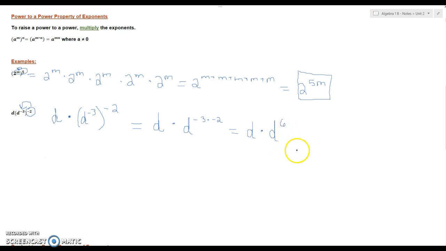Now I'm not quite done yet because I learned another property before that says if I have the same base, I can add my exponents. So I can write this, and remember if we just see d alone, that really means it has an exponent of 1, times d^6. So this can be written as d to the 1 plus 6 or d to the 7th power.